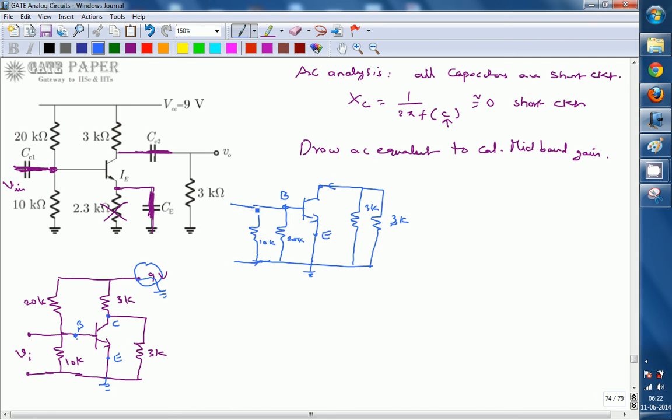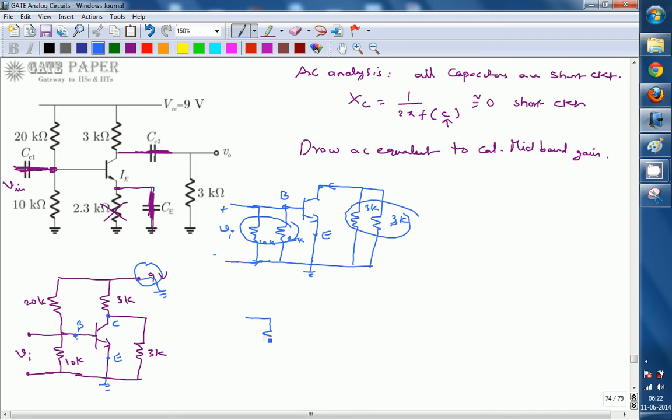Now you have to replace this transistor symbol with its equivalent circuit, and by that time we are replacing these two resistors as a single resistor. So the transistor symbol is now replaced with its equivalent one, which is treated like this.